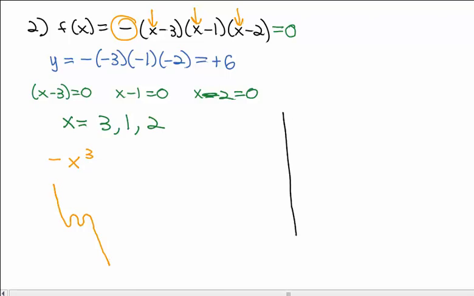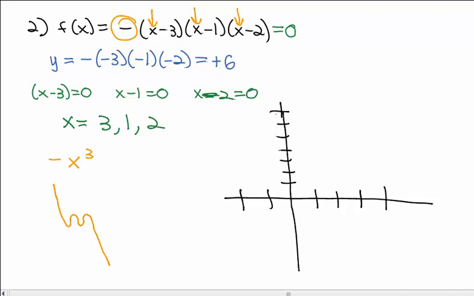So when we try and graph this, our y-intercept is at 6. 1, 2, 3, 4, 5, 6. Our x-intercepts are at 3, 1, and 2.